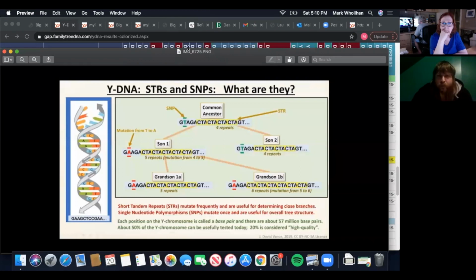So the short tandem repeats that we were just talking about are, you can see my little cross here as I'm moving around, like this: CTA, CTA, CTA, CTA. That's 4 repeats.